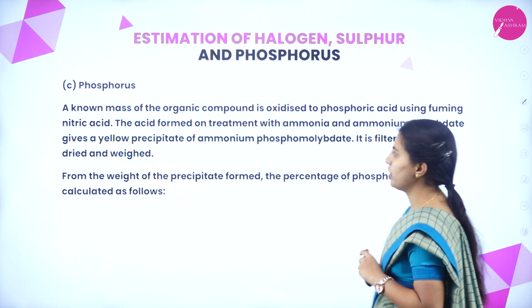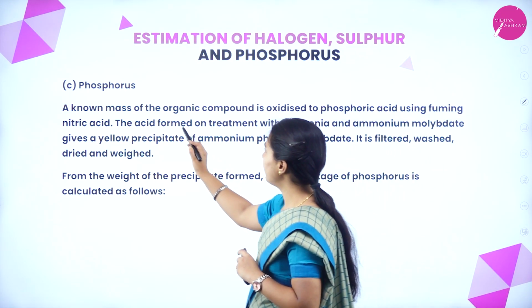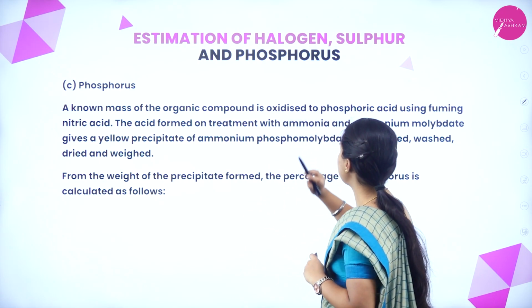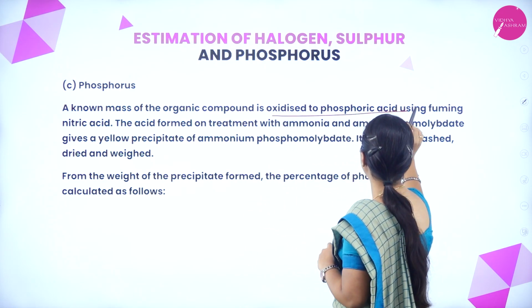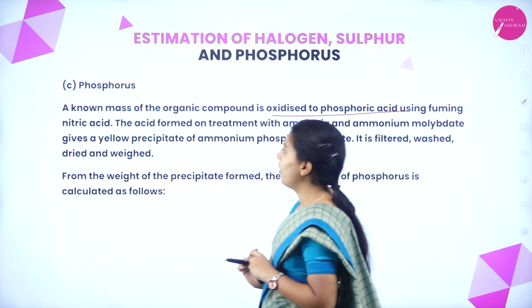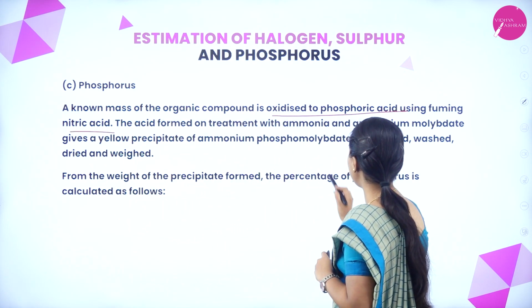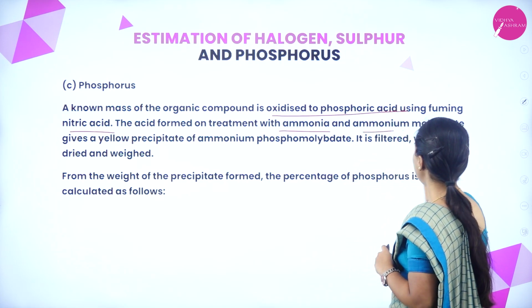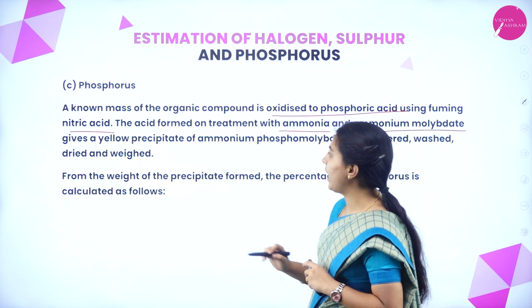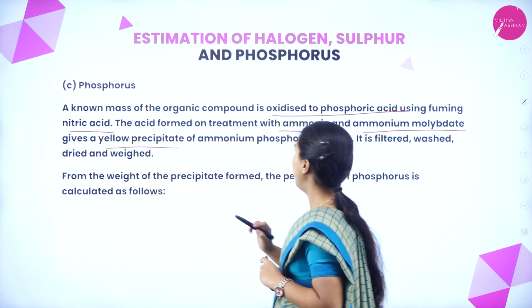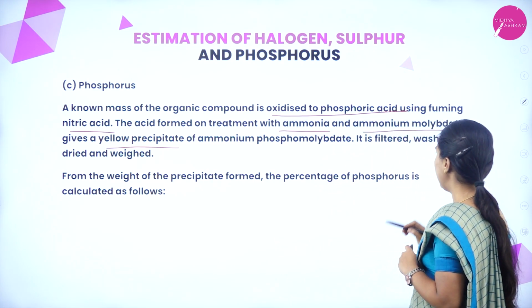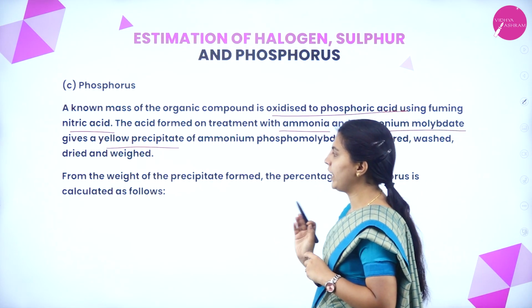Next one, phosphorus. A known mass of the organic compound is oxidized to phosphoric acid using fuming nitric acid. The acid formed on treatment with ammonia and ammonium molybdate gives a yellow precipitate of ammonium phosphomolybdate. It is filtered, washed, dried and weighed.